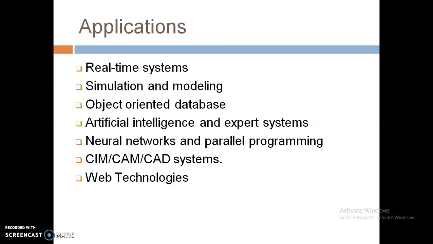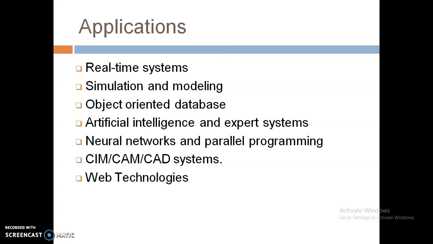The second one is simulation and modeling. This is one more area where we can use C++ or other object-oriented languages. So what is simulation and modeling? Simulation and modeling is the use of physical or logical representation of a given system to generate data and help determine decisions or make predictions about that system.